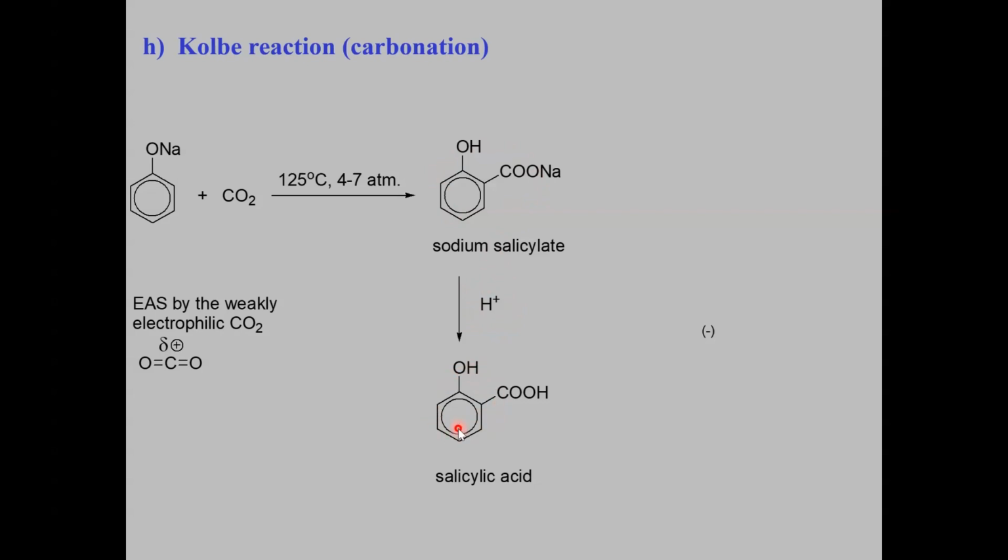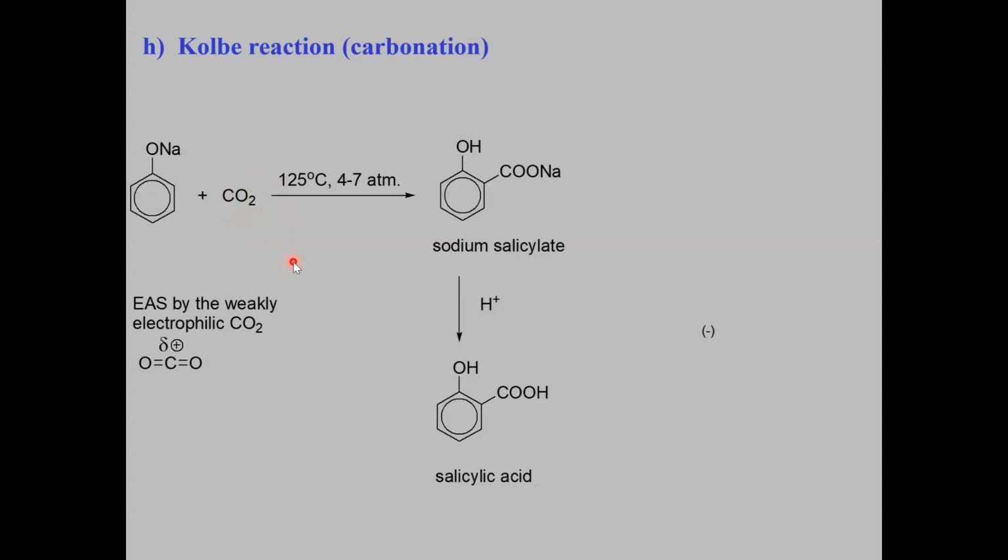Kolbe's reaction is of synthetic importance because it is used to prepare salicylic acid, which serves as a starting material for the preparation of aspirin, an analgesic drug. Like the nitroso group, like the diazonium group, carbon dioxide is also a weak electrophile.